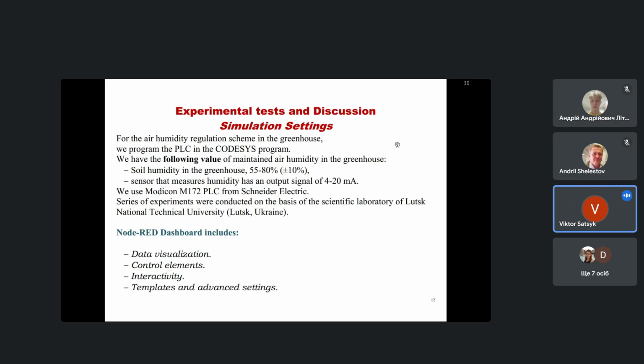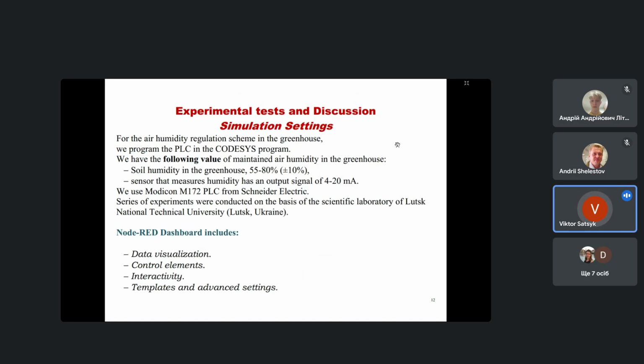The sensor that measures humidity has an output signal of from 4 to 20 milliamperes. This is a Modicon M172 PLC from Schneider Electric. A series of experiments were conducted on the basis of the scientific laboratory of Lutsk National Technical University.